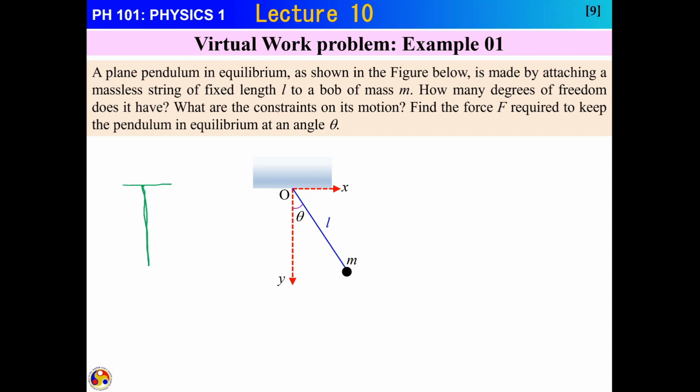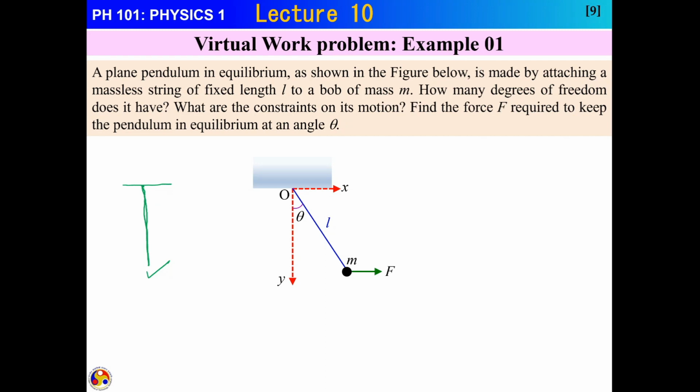Now the question is: find the force F to keep the pendulum in equilibrium at an angle. Which means if you want to hold this pendulum at a given angle, which is not a normal equilibrium, it cannot be done without applying a force.